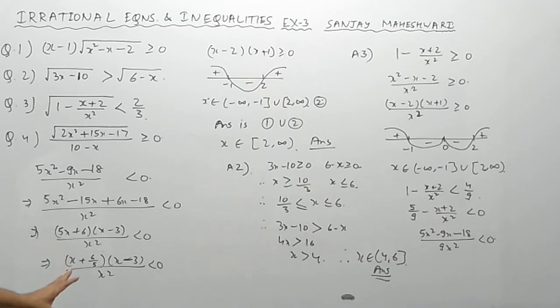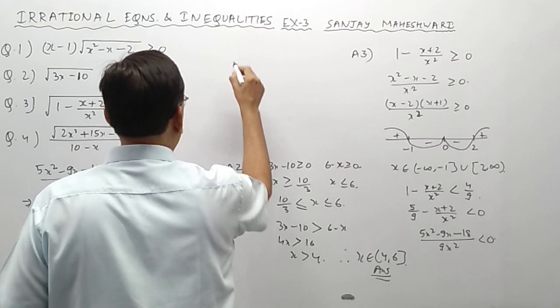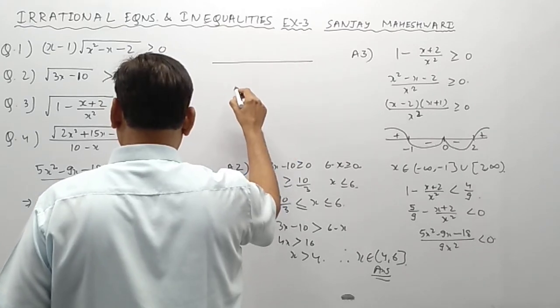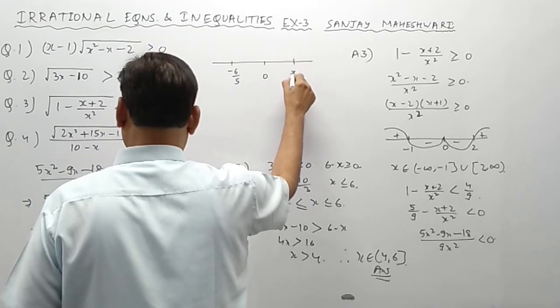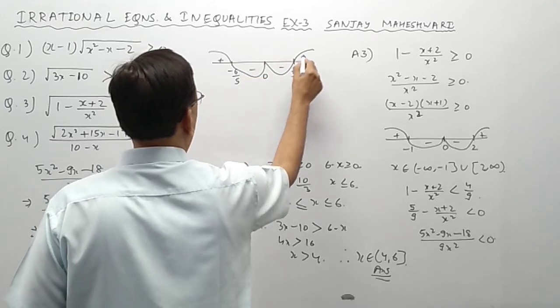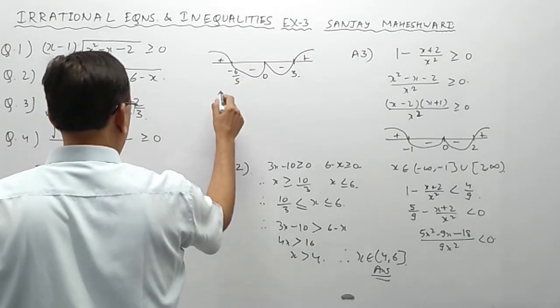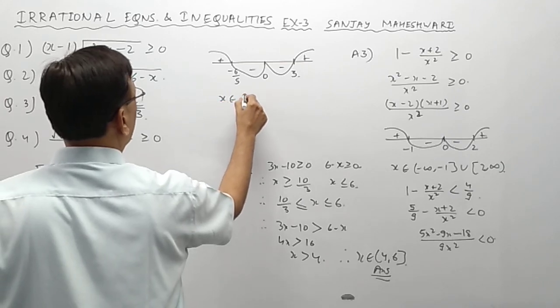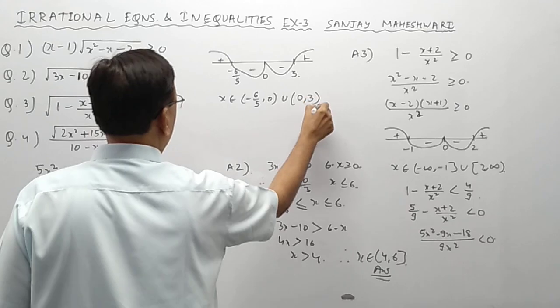Now we will draw this on the number line and see what will happen. The critical points are minus 6 by 5, 0 and 3. Now once again we have to check it. Less than 0, therefore x belongs to these two except 0. x belongs to minus 6 by 5 to 0 union 0 to 3.